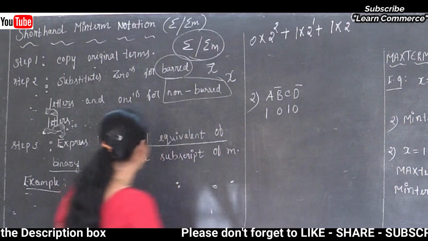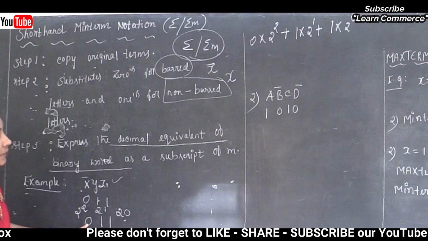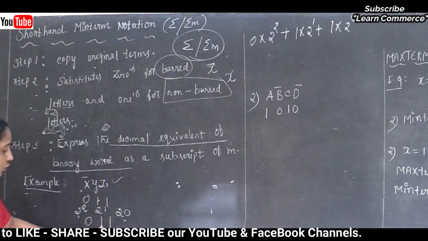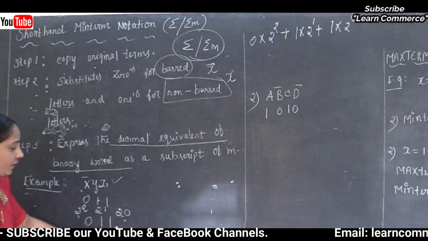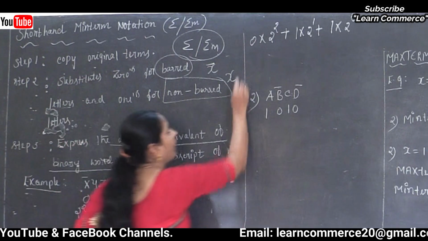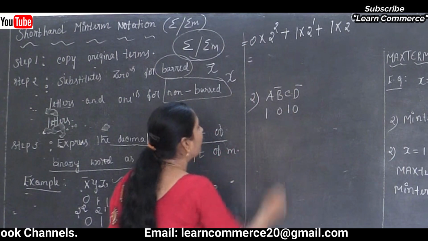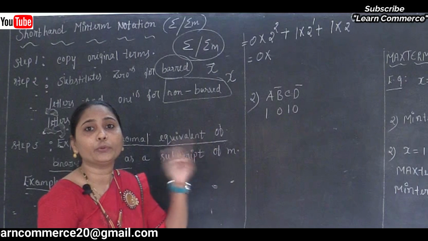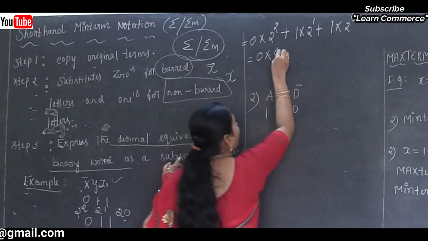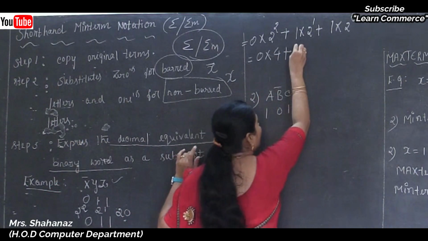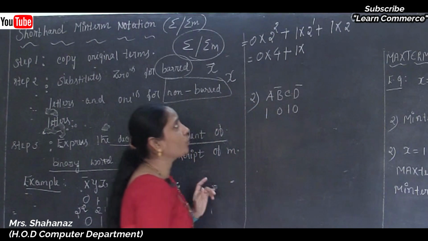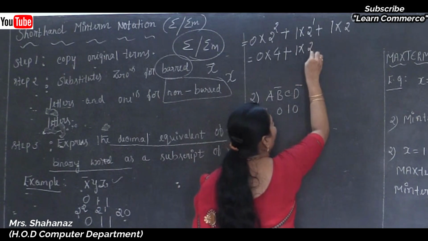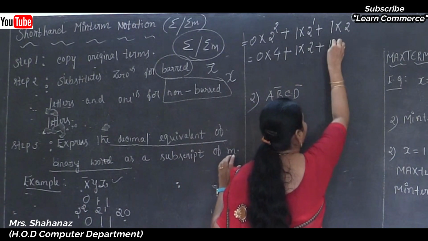Clear this point here? So this is how I completed this line: 0 into 2 to the power of 2, 1 into 2 to the power of 1 and 1 into 2 to the power of 0. When you multiply, 2 to the power of 2 is 2 into 2, that is 4. Plus the next one, 2 into 1, the value is 2 only, plus 1 into 2 to the power of 0.